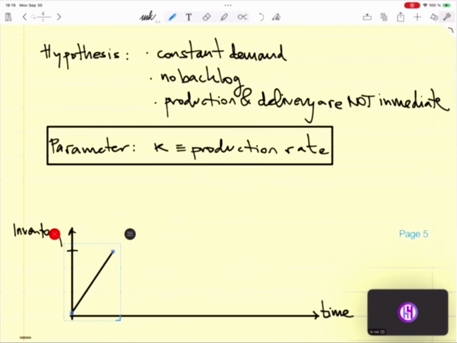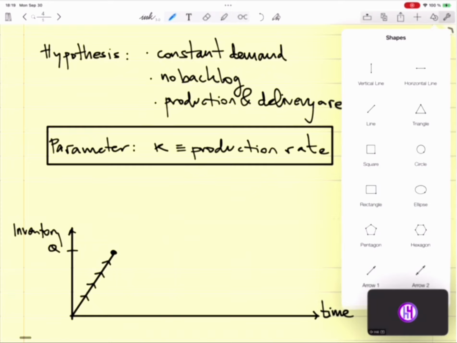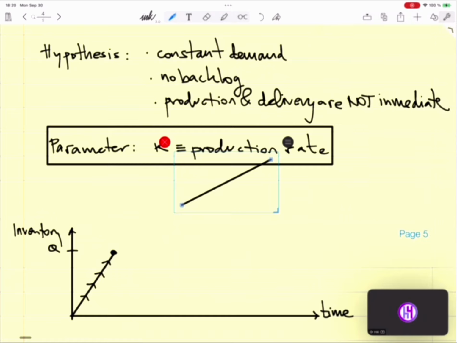And then when we get to the... So here we are delivering parts, but we are also consuming them. And the line is not vertical because we don't produce immediately, okay? So here we are consuming. Here we produce.